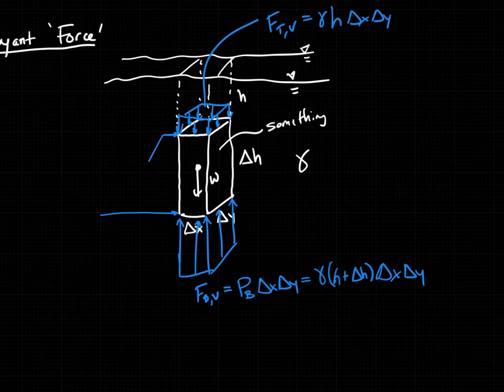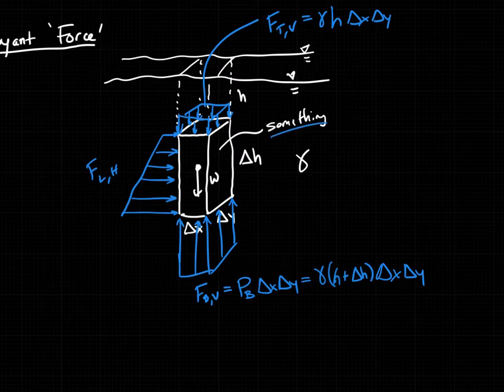It's hydrostatic, so it's increasing linearly with depth. This would be the left side horizontal force. I'm not going to spend any time on that because I don't want to draw the right-hand side, but on the right-hand side there's an equal and opposite force. So we're not too worried about that. Those are just squeezing our something. Those two are not causing it to want to go up or down.